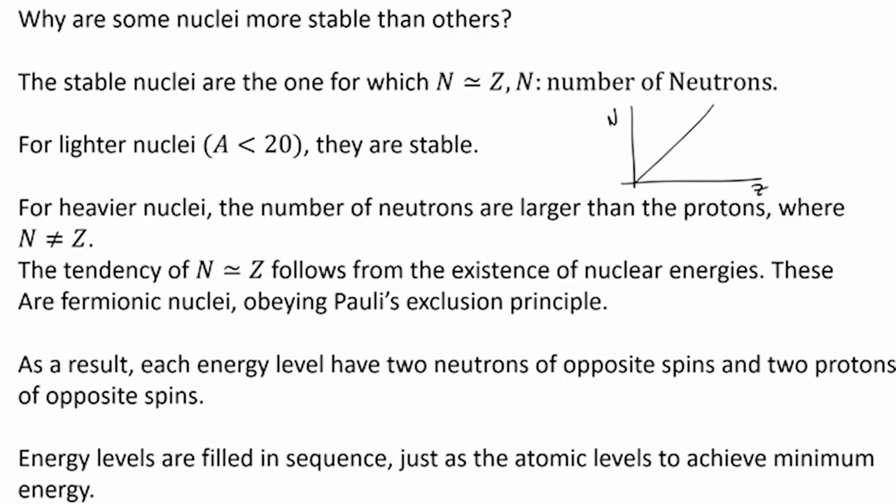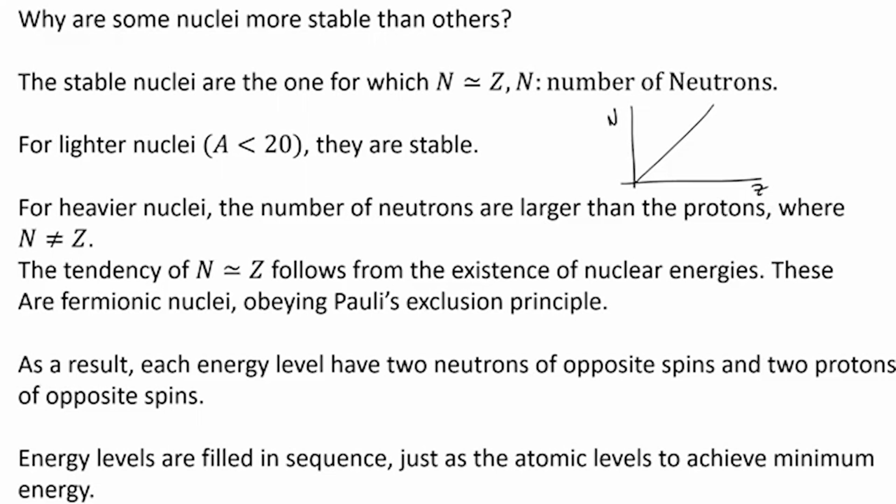So, the tendency of N to be equal to Z follows from the existence of nuclear energy levels. Okay. These are fermionic nuclei, they obey the exclusion principle, and as a result each energy level has two neutrons of opposite spins and two protons of opposite spins as well.